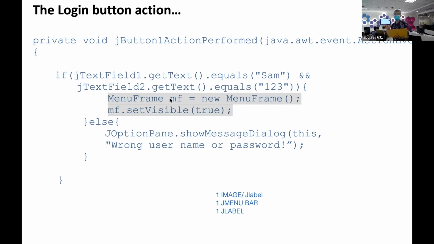The two highlighted codes are a representation of your new frame, which is the menu frame, that would be set visible once this particular J button is being action performed. You got it, yeah? So it is our way to command our computer or Java and say, hey, if this button is currently being pressed, please jump into the menu frame and set it to visible true. Excellent, very good.